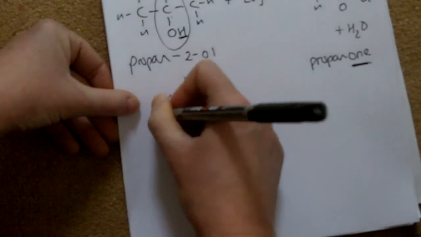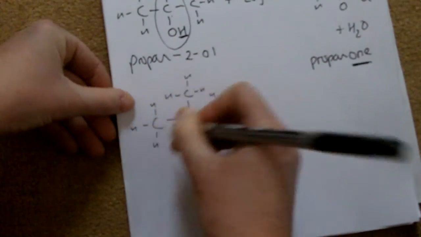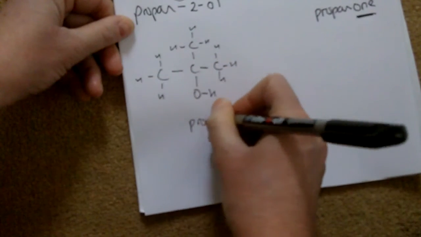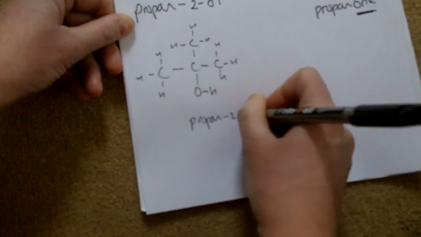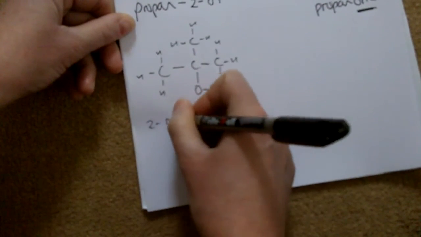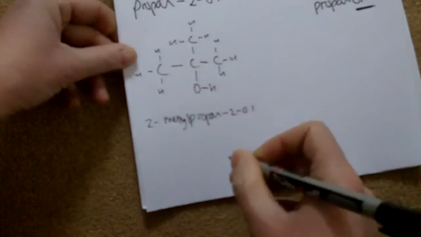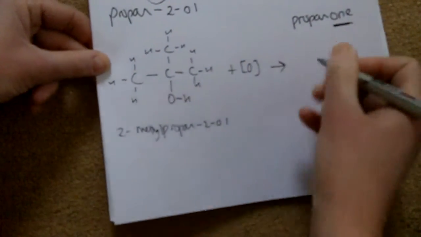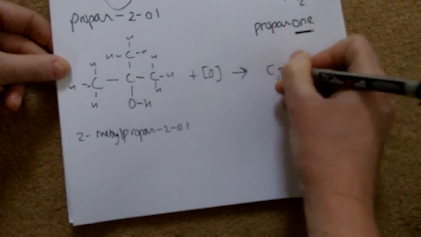Just quickly draw them all in. Do you remember what this one is called? Propan-2-ol, because it's on carbon 2, and we've got 2-methyl. When you oxidize this, draw the carbon skeleton.